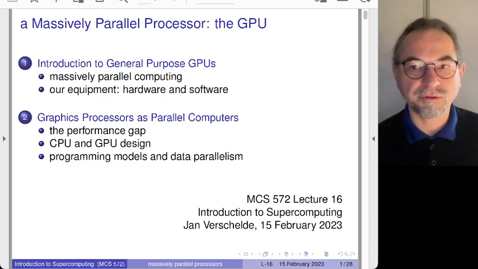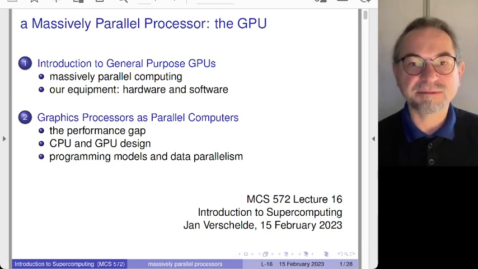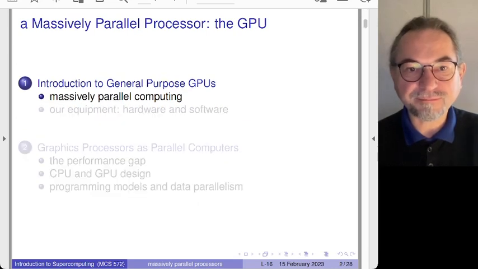However, one could argue that because of the performance gains, the data parallel view of computing should actually be considered just as general as parallel computing is. Okay, so let me go in.